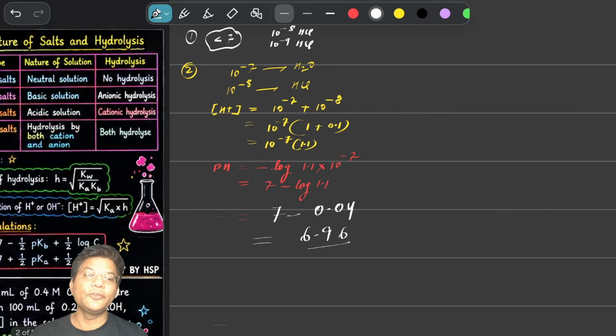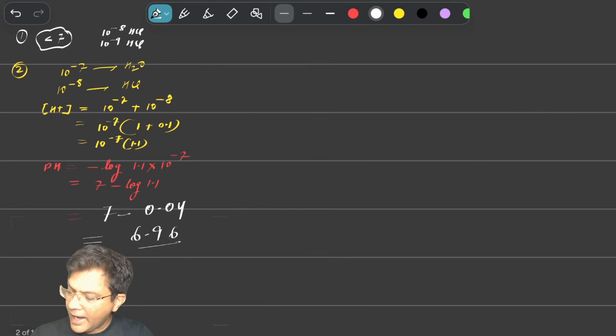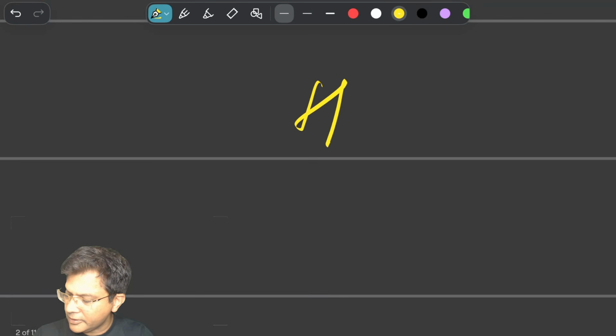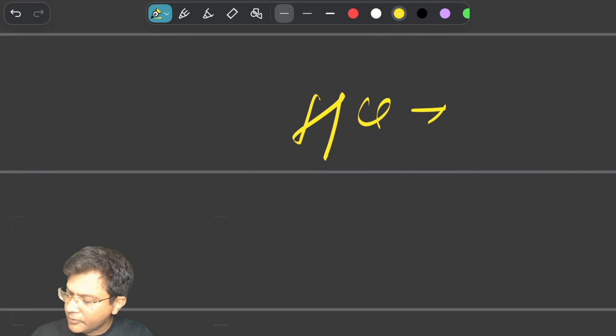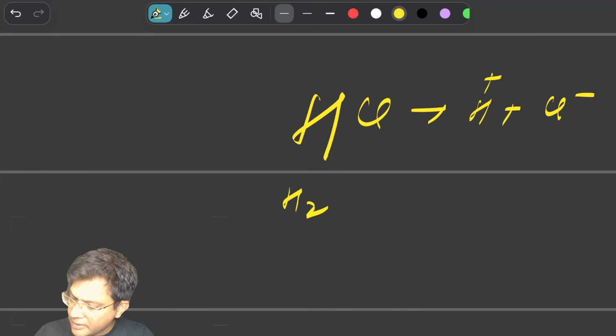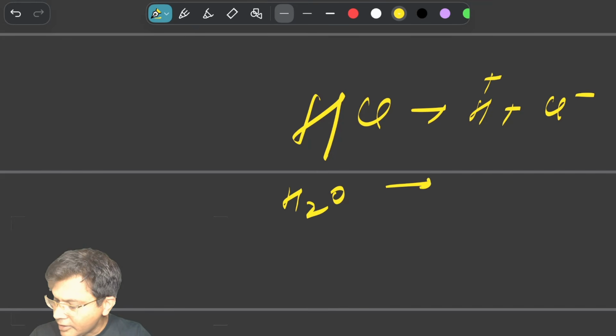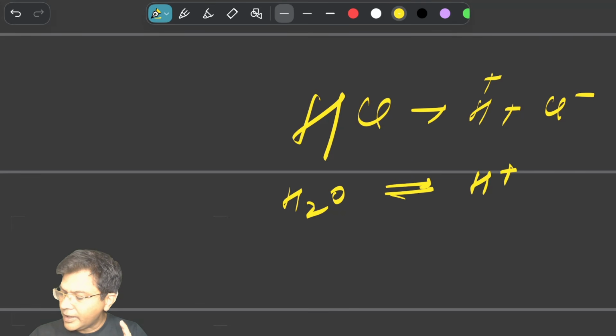But actually, if you add HCl inside the water, HCl is a strong acid and it will ionize fully, but water is weak and amphoteric, so it will start moving in the backward direction. So we cannot say that the H plus concentration is still 10 raised to power minus 7.